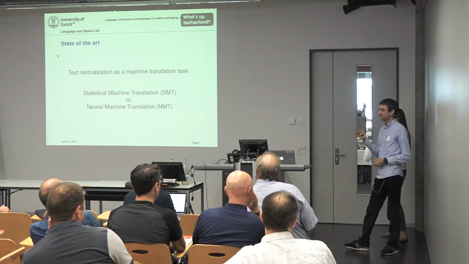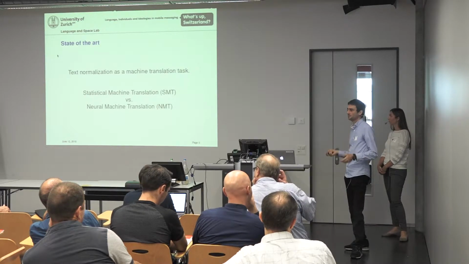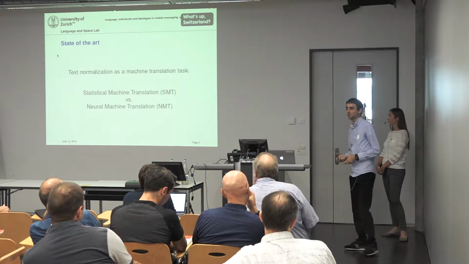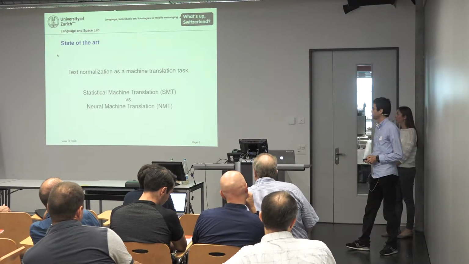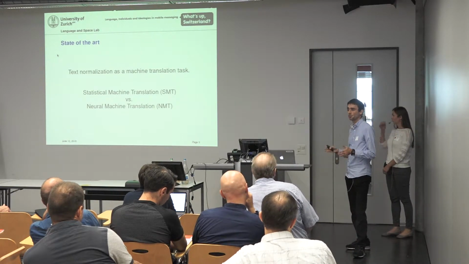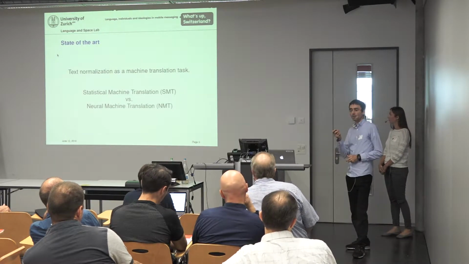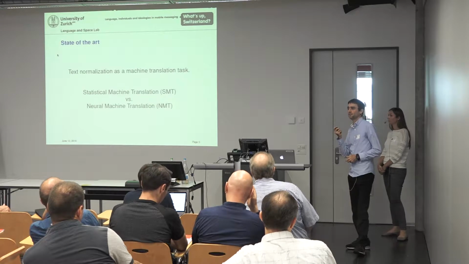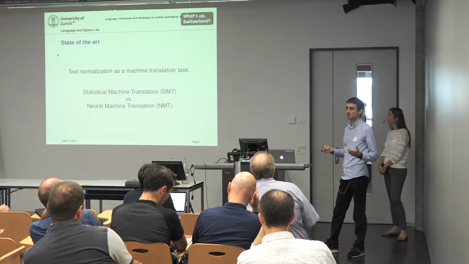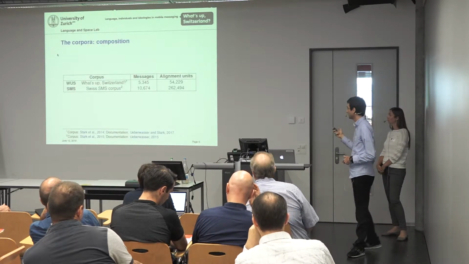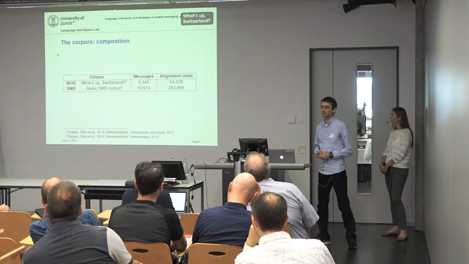By contrast, in text normalization, corpora have to be created ad hoc, usually by experts, scholars, manually normalized, and this can be expensive and time-consuming. And that's why corpora for text normalization are usually of limited size. And we know that neural networks can express their full potential when they can rely on a large amount of data.